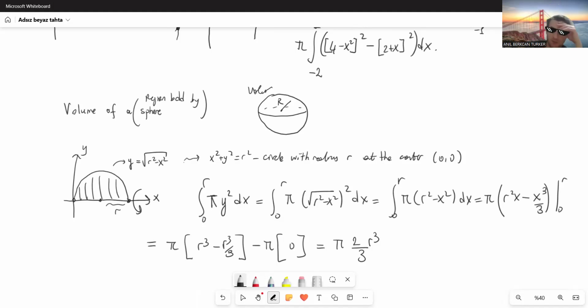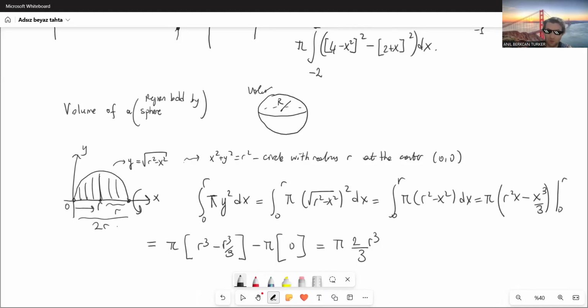Okay. Because if you write your boundary is 0 to r, it means that we are only calculating this half thing. So I need to calculate 0 to 2r. So it should be 2r.